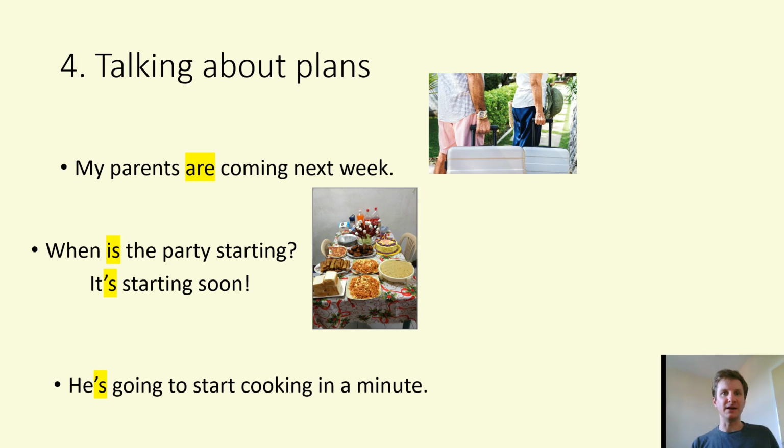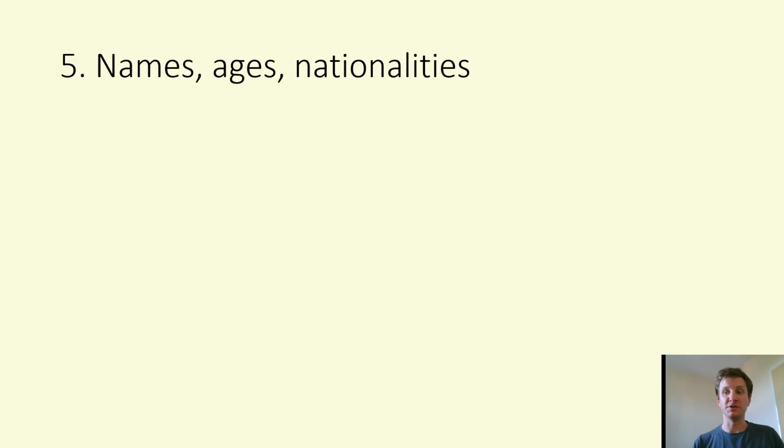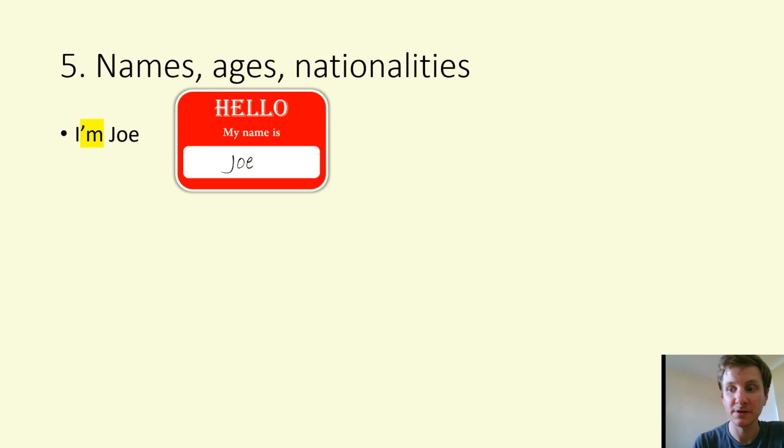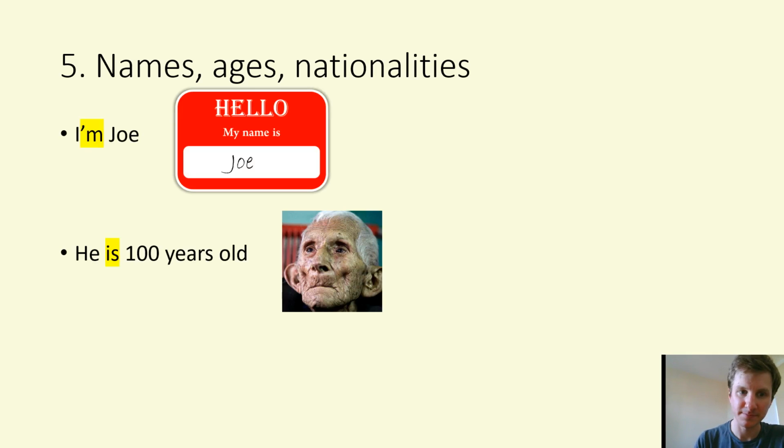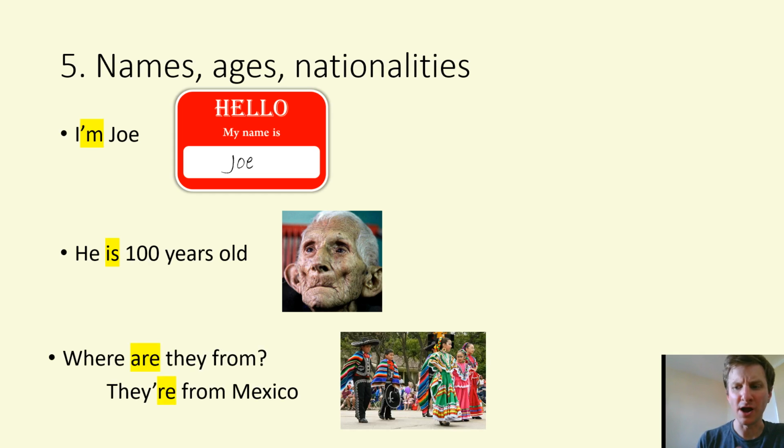Okay, number 5. We use the be verb to talk about names, ages, and nationalities. I'm Joe. That's my name. He is 100 years old. That's his age. Where are they from?